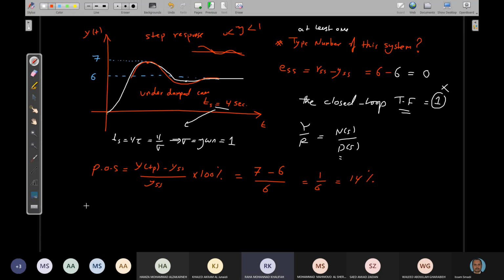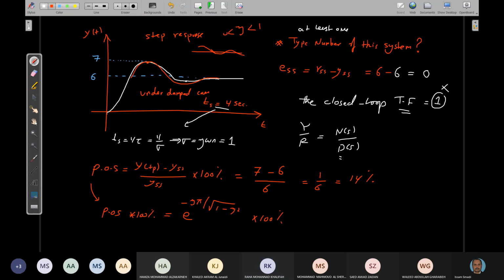Now, we know that the percent overshoot is equal to exponential of minus zeta pi over square root of 1 minus zeta square, multiplied by 100%.